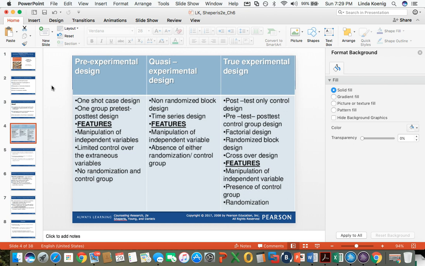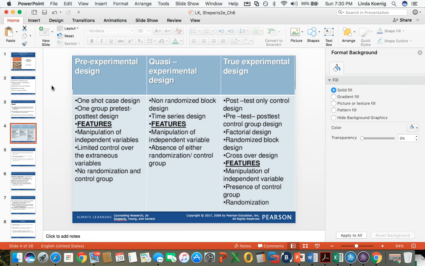And the features, we manipulate the independent variable, we have limited control over the extraneous variable, and we are not randomizing the control group. So in quasi-experimental, we have a non-randomized block design. It is also a time series design, and its features include manipulation of the independent variable and the absence of either randomization or a control group.